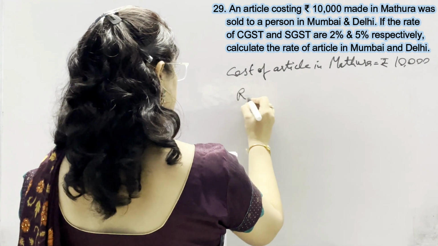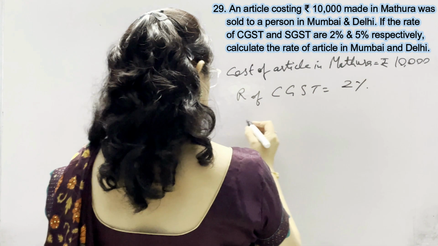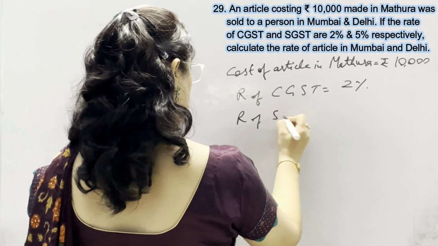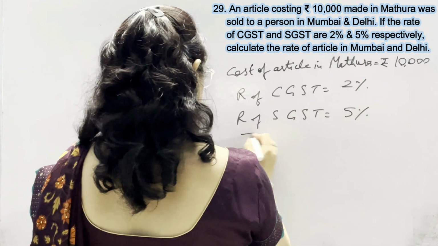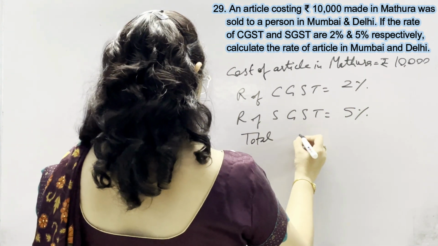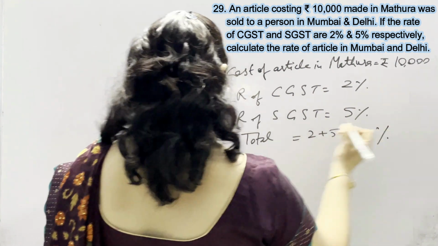Now, rate of CGST is 2% and rate of SGST is 5%. It means total rate of GST is 2 plus 5, it means 7%.